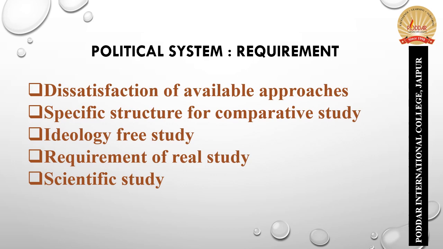The basic requirements are dissatisfaction with available approaches, that means the traditional and popular approaches, a specific structure for comparative study, ideology-free study, that means the approach can be applied equally to all ideologies, and the requirement of real, scientific study. These are the basic requirements for a new political system approach.